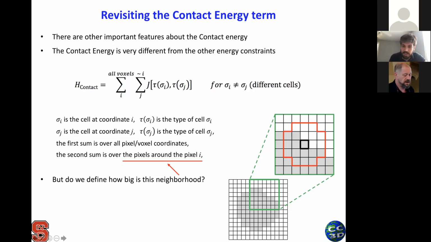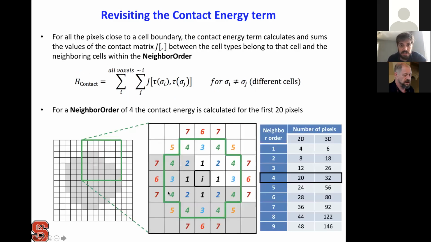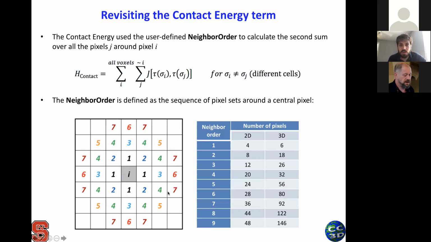Okay. So there's a neighbor order which basically sets how far you look around. The neighbor order is defined as a sequence of pixel sets around the center pixel.